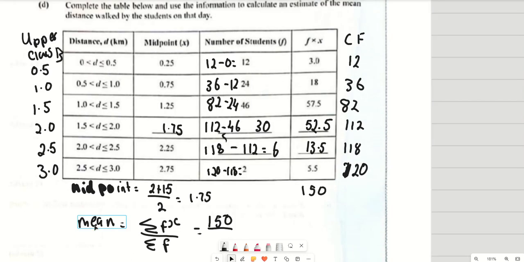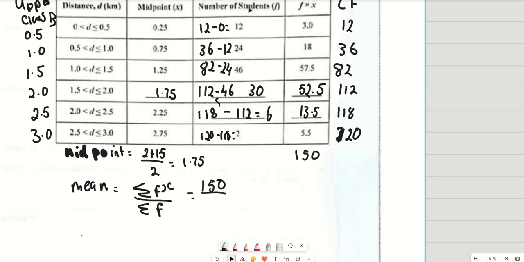my mistake. The mean is the summation of fx divided by the summation of f. Everything in fx is this, and everything in f is this: 12 plus 24 plus 46 plus 30 plus 6 plus 2 is actually 120. So your mean is going to be 150 divided by 120, which is 1.25 kilometers.